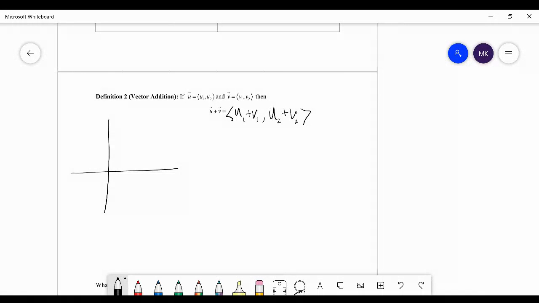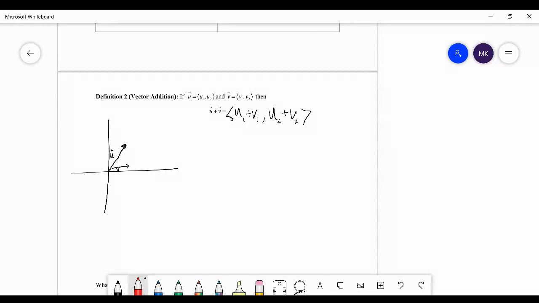So if this is our vector u, and say this is our vector v, the way we add these together is really simply to imagine taking vector v, and remember how we talked about these being like sticks on a graph, and you can slide them all around.